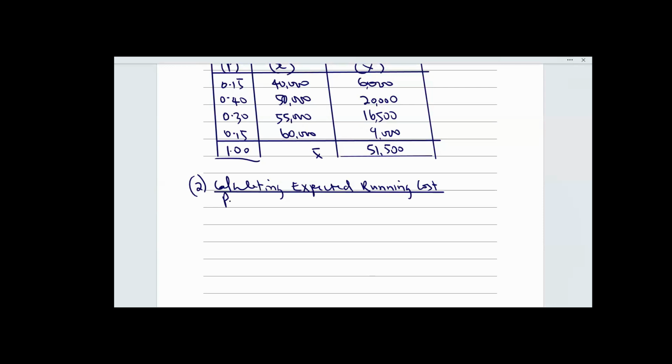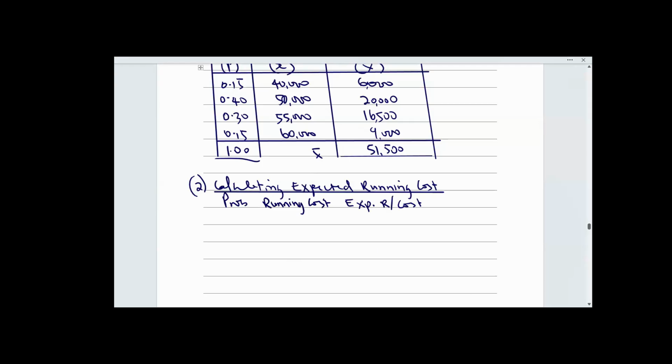So probability, running costs, expected running costs.